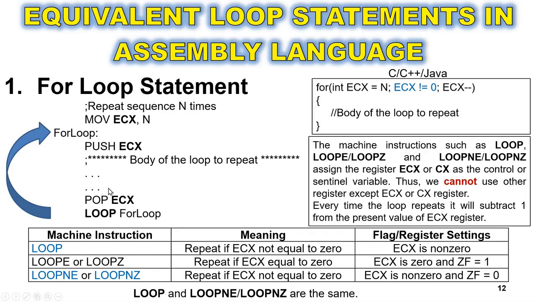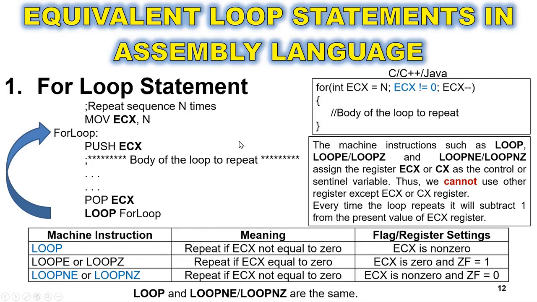These assembly language codes are equivalent to this C, C++, Java structured for loop statement. So let us convert this into its equivalent machine assembly language.